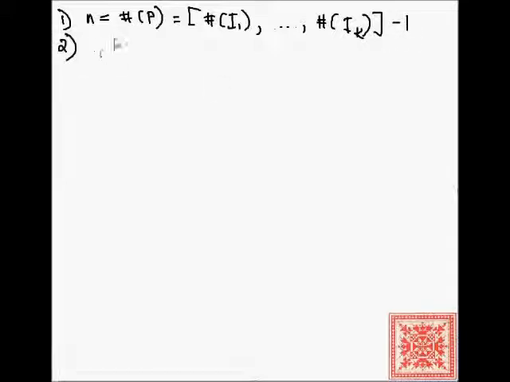Now, let's suppose that n is the number of the program. That's this Gödel number, where the compiled instruction numbers are prime powers. So then the source code number is n plus 1.